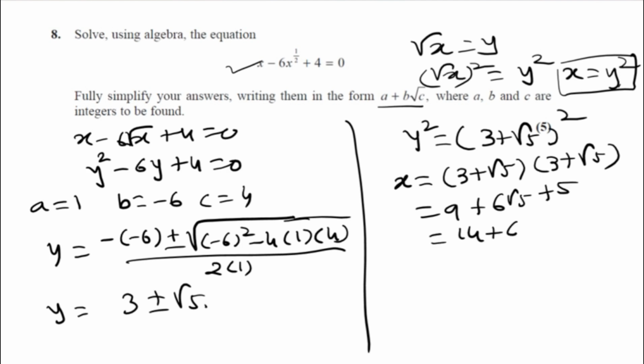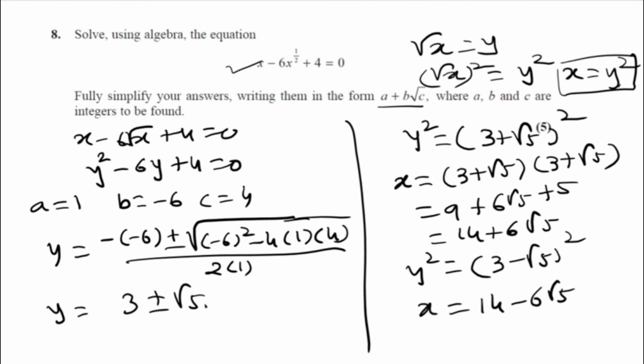So 14 plus 6 root 5. And if you use y squared is equal to 3 minus root 5 squared, then x will be 14 minus 6 root 5. So these are two values for x, 14 plus 6 root 5 and 14 minus 6 root 5.